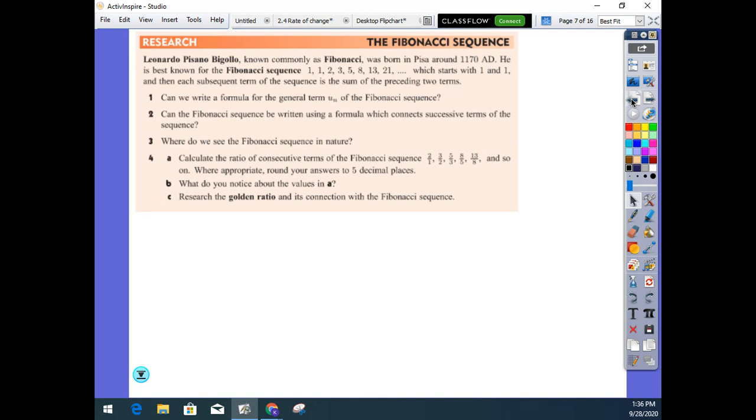And it's just adding the previous two terms to get the next one. So we start with 1 and then go to 1. 1 plus 1 is 2. 1 plus 2 is 3. 3 plus 2 is 5. I've actually had people do IAs on this where they have done many different topics, but it's kind of an interesting little sequence.